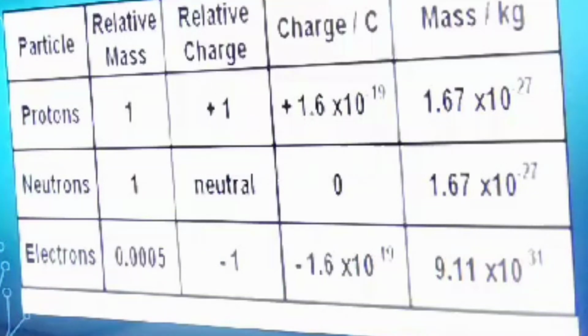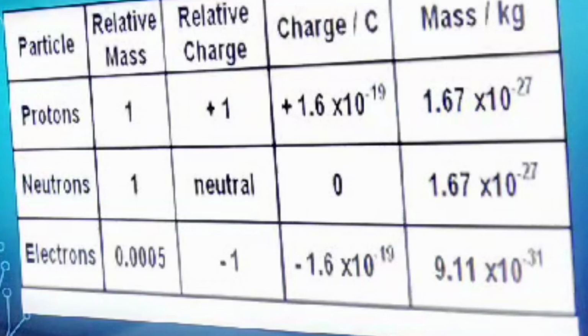Now you can see this chart. Proton: relative mass 1, relative charge plus 1, charge plus 1.6 × 10^-19, mass 1.67 × 10^-27 kg.